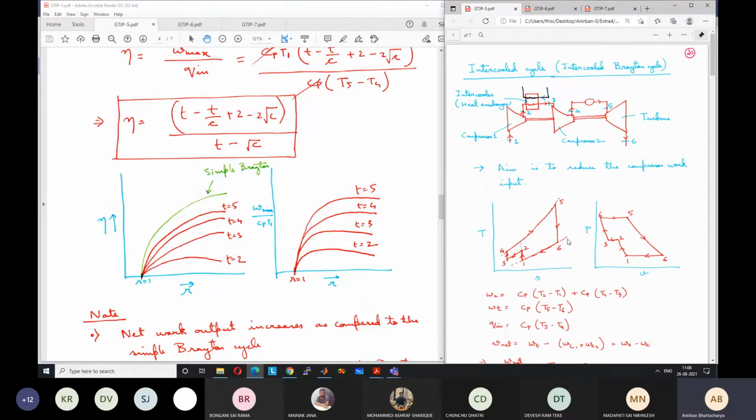So any change you make on the turbine side will have more effect. That's why reheating has more effect, in the sense that it also increases the work output more compared to the intercooled cycle. So compared to the simple Brayton cycle, the intercooled cycle has higher work output, but it is still lower than the reheat cycle. And the efficiency decreases, but not as much as in the reheat cycle.